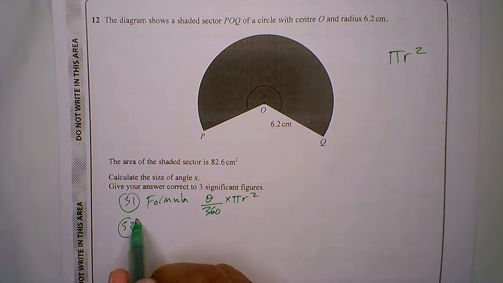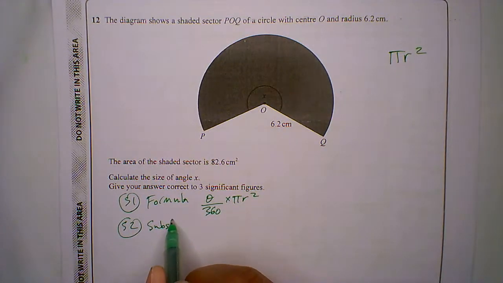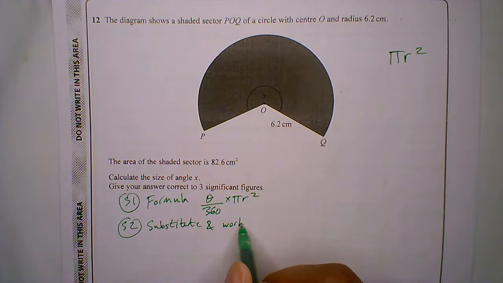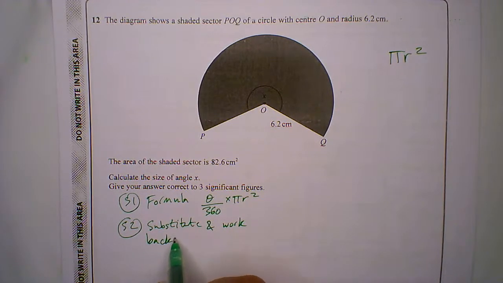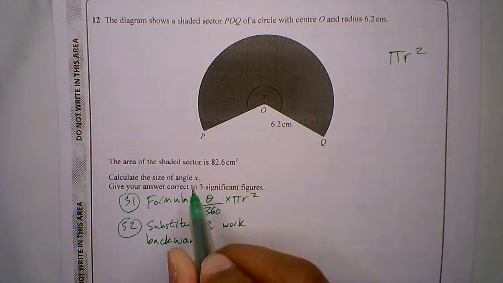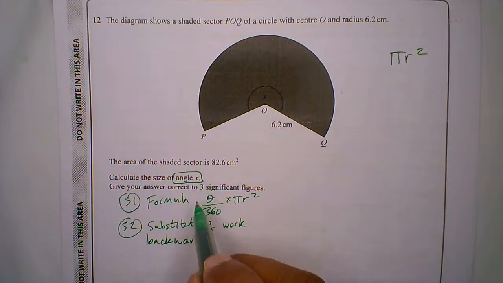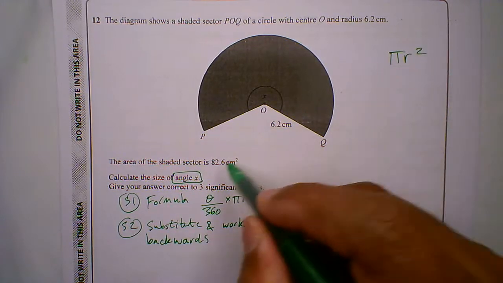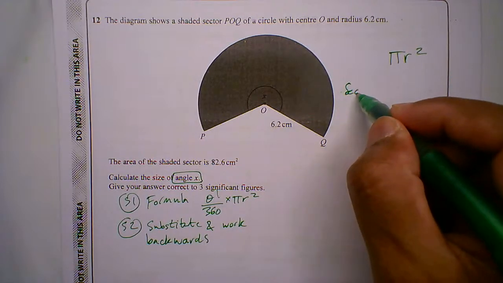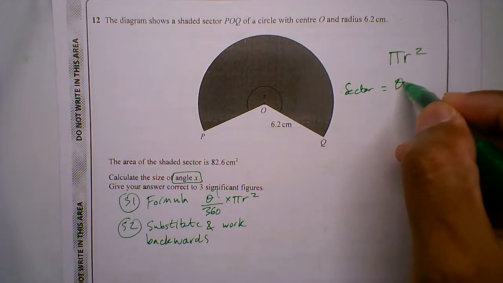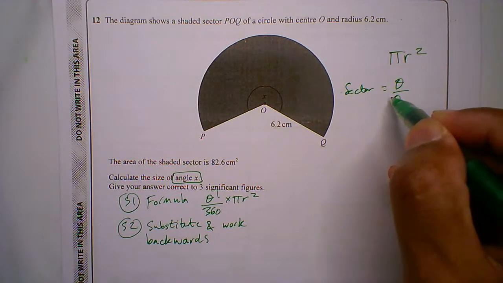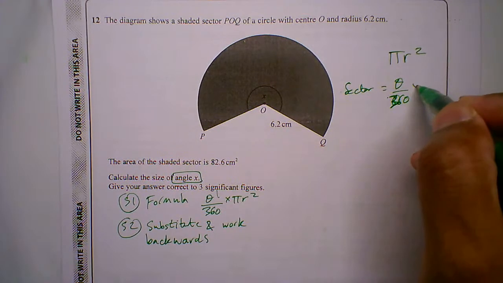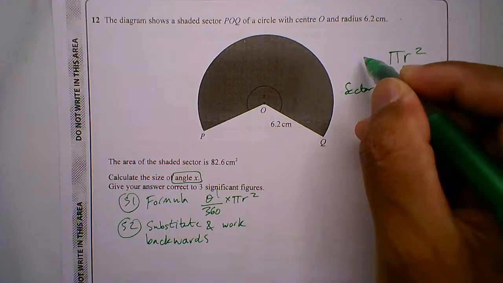And step 2, I substitute my values, and then work backwards, because I'm working out the angle. Okay, so this is my formula. Sector equals the angle divided by 360 times pi r squared.